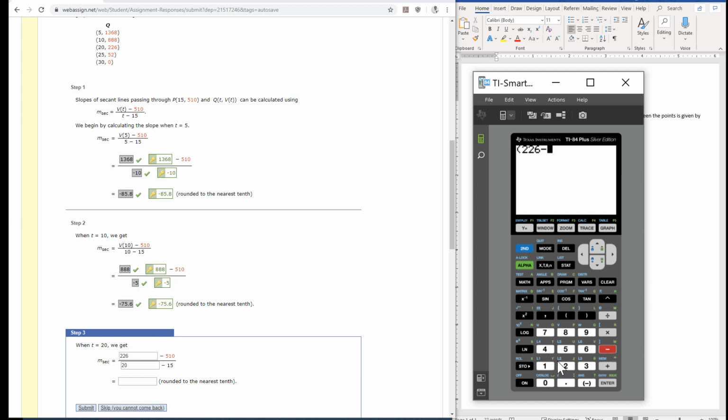So that's 226 minus 510, close parentheses, then divide, open parentheses, and then we have 20 minus 15, which you probably could have done easily. But we'll put it here in our graphing calculator. Again, the parentheses are really important to make sure that we get the correct answer. And so we get negative 56.8.